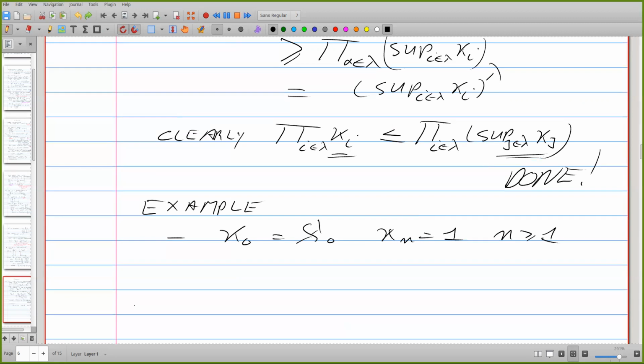let's look at this sequence. The supremum is equal to aleph 0 of this sequence. It's the maximum. And the product of the kappa n's is aleph 0.